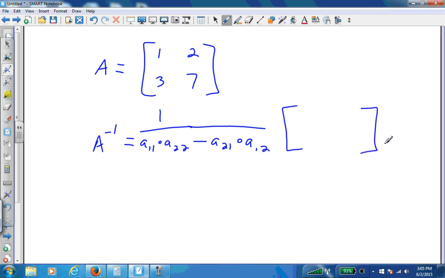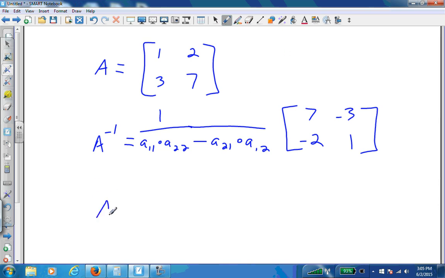And we're going to do that times a matrix where we swap these diagonal components and take the opposite sign. So we move this 3 up to here and change the sign. Move this 2 down here and change the sign.